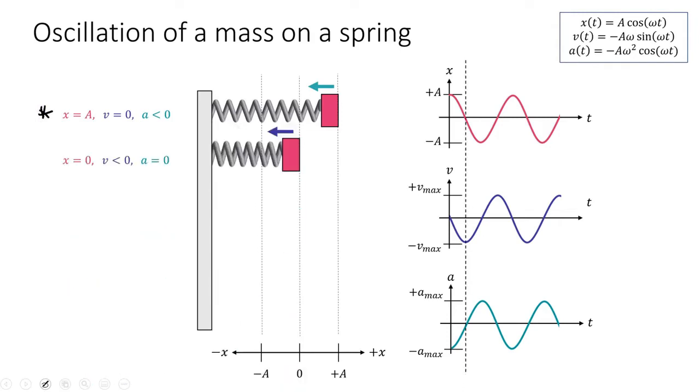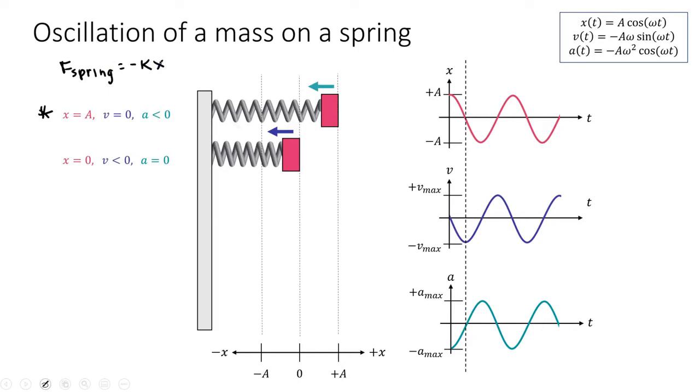Okay, then our block is going to move. Eventually it will move through its equilibrium position. Right when the block is at this x equals 0 location, that's our equilibrium position. Right as the block goes through that point, we know that F, the force exerted by the spring, is equal to minus kx.